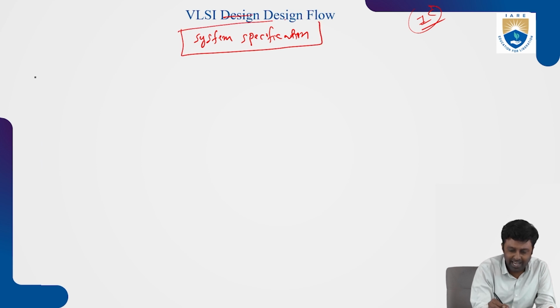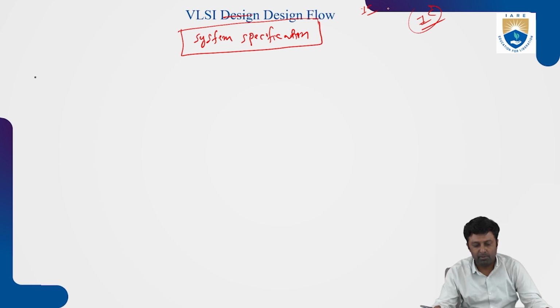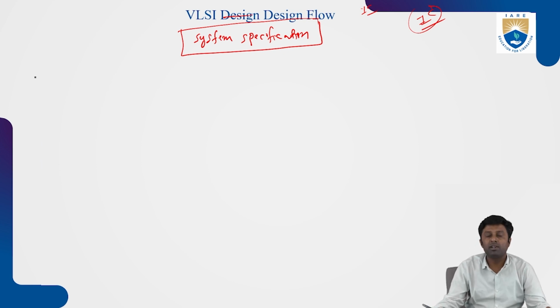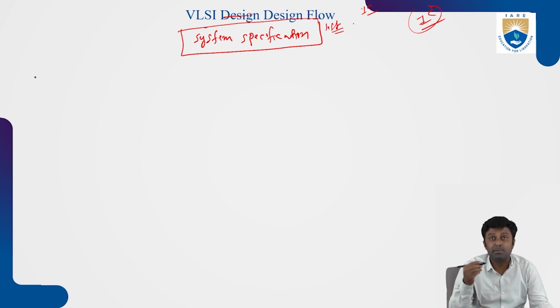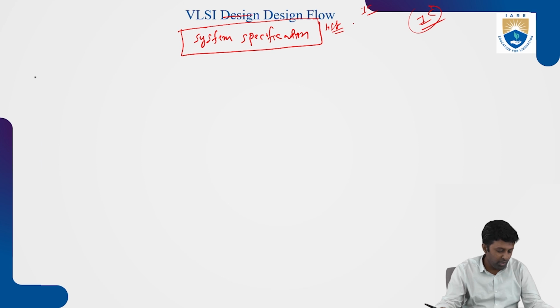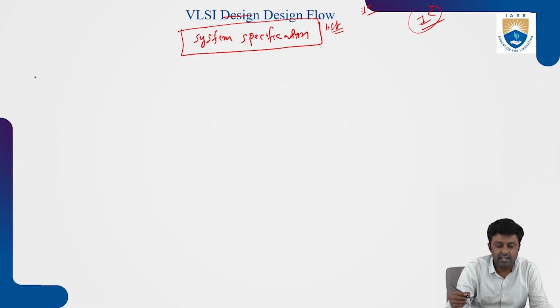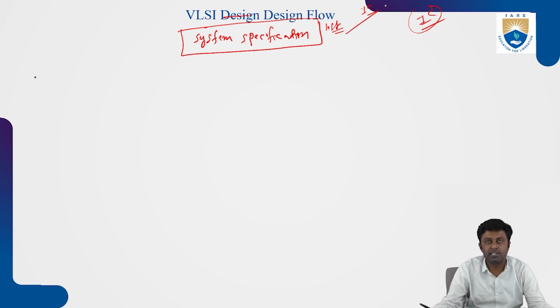To design any system, any IC, whatever the purpose, we first list out all the specifications of the system that we are going to design. For example, we'll record what the performance of the system should be, what the functionality should be, and in the system specification we'll consider all the details about the physical requirements, especially the area.